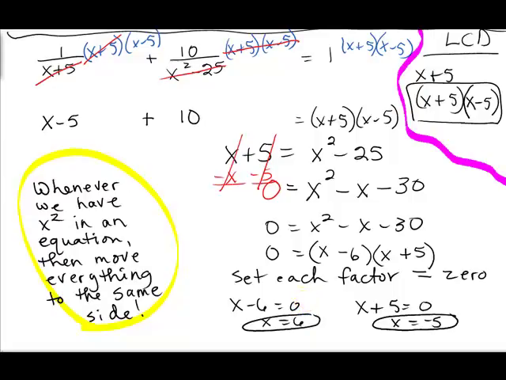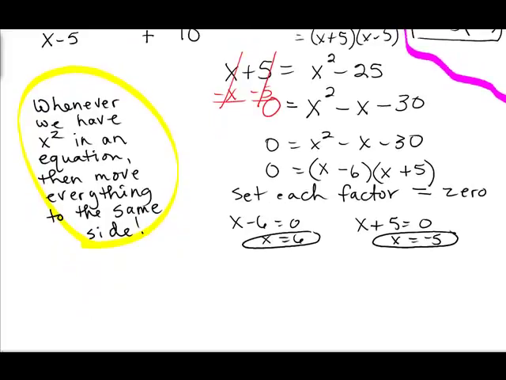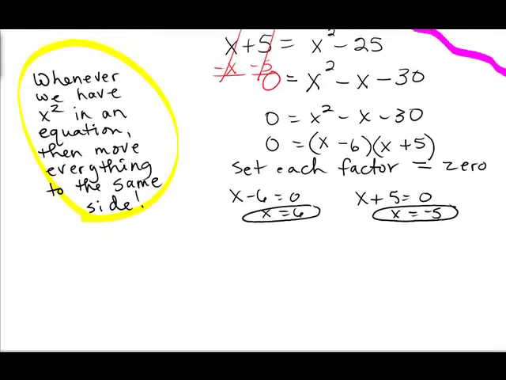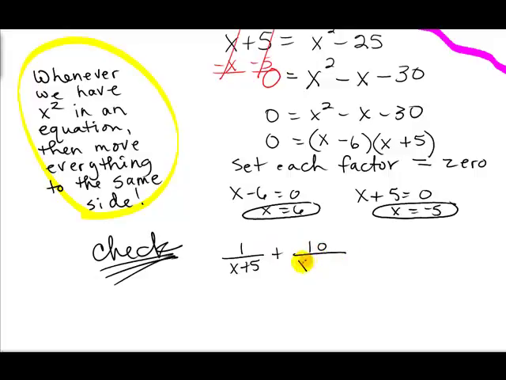Then we want to check our answers. Oh, didn't want to go down that far. Here we go. And what we do to check is we're going to start with the original equation. And so I had 1 over x plus 5 plus 10 over x squared minus 25 equals 1.